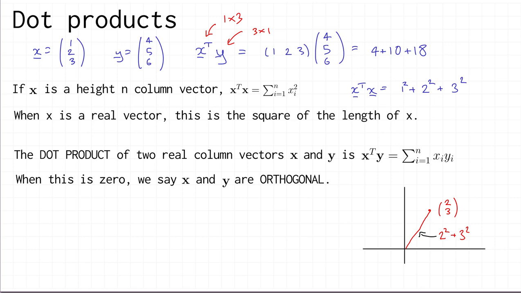And in fact, there's a general geometric interpretation for the dot product of two vectors.